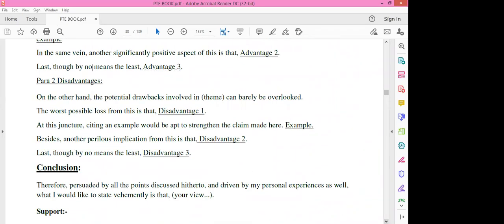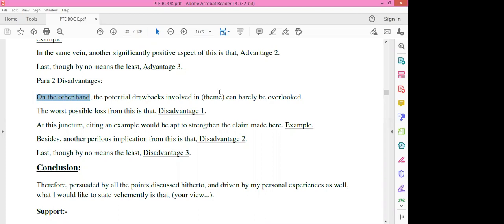Now coming to disadvantages, leave one line spacing and start your disadvantages paragraph with the connector on the other hand. A contrasting connector we are using, that is on the other hand. The potential drawbacks involved in your theme, meaning the theme of the given topic.